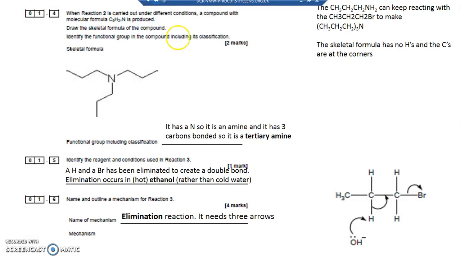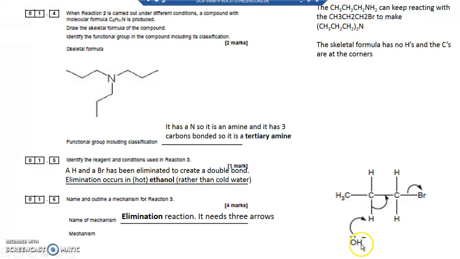Let's have a look at the mechanism here. It's a little clearer here. The OH minus, instead of replacing the Br and attacking that C delta plus and the Br coming off, it goes from the Br to the C to the next C, and it attacks one of these two H's here. It attacks that H and will form water, H2O. The minus has gone because electrons have moved away from this.